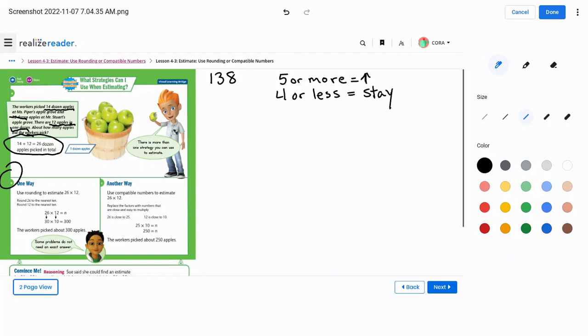So 26, 6 is the bossy neighbor. It's 5 or more, so it tells the 2 to go up to a 3, so now we have 30. And then for 12, the 2 is the bossy neighbor, and that's 4 or less, so it tells the 1 to stay, and it becomes 10. So now our problem is 30 times 10, which I could ignore my zeros.